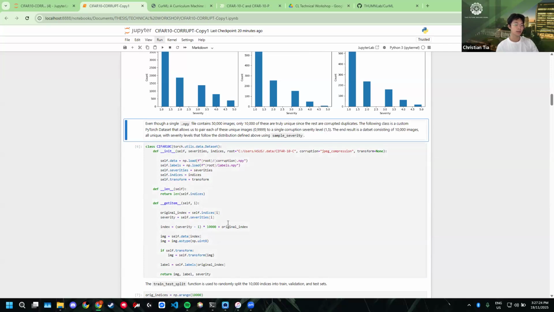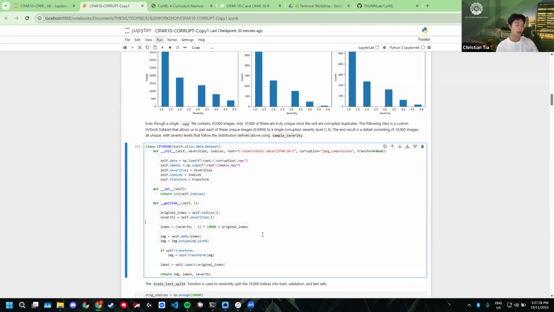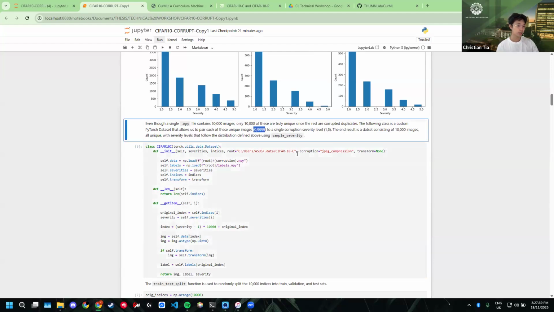So this will automatically acquire the specific index of a unique image at a certain corruption severity level. We don't have to worry about the actual indices, instead just the unique image identifier and also the corruption level.